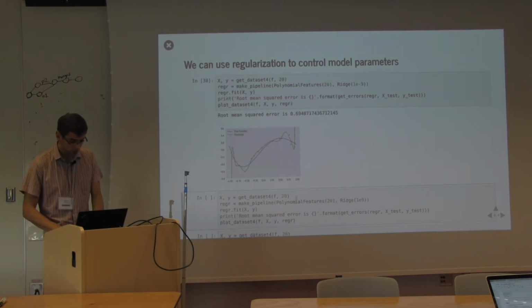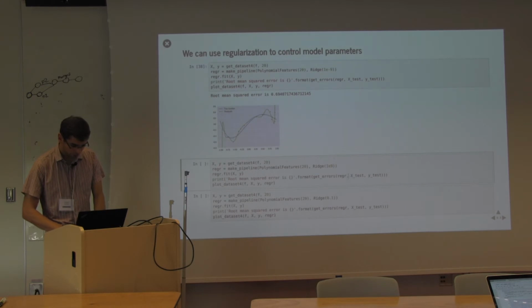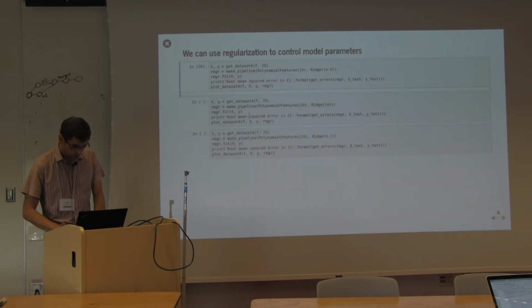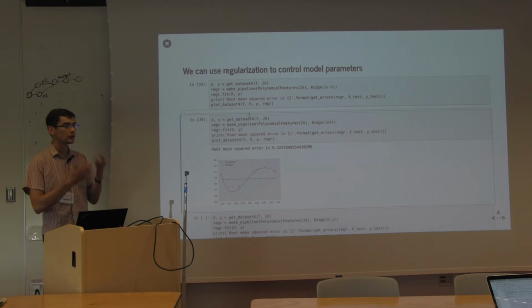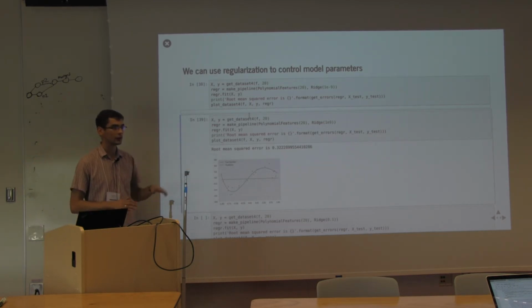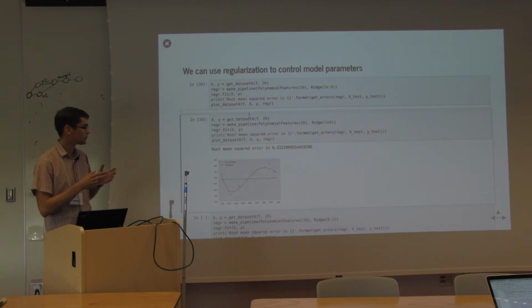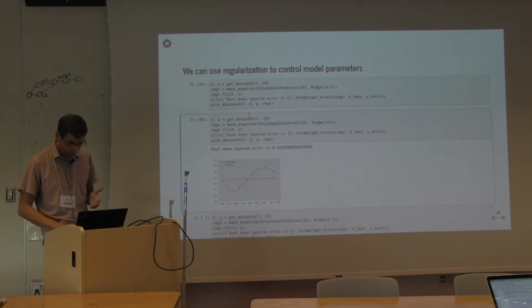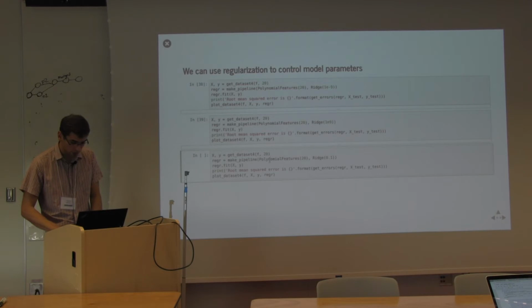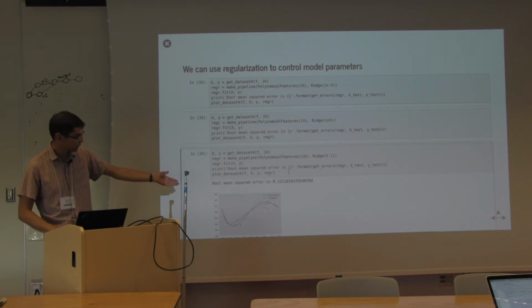Or we can use a very large value of the regularization parameter, and it will be a very simple model. In that case, too simple. It's just a straight line. So we constrain our coefficients very hard. Or we can use something in the middle, like 0.1, and we'll observe a pretty reasonable figure.